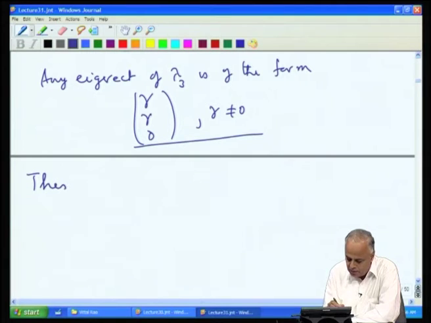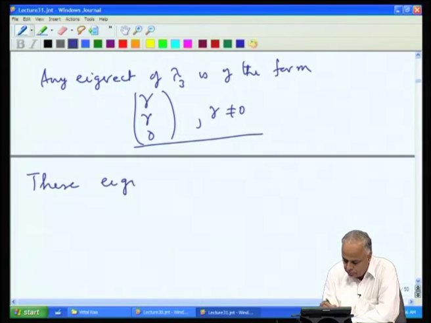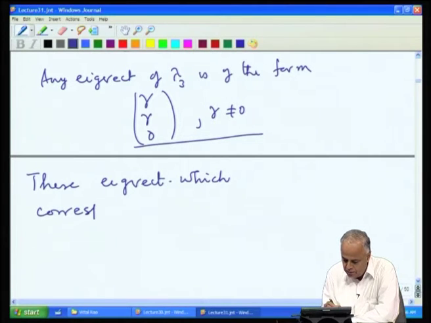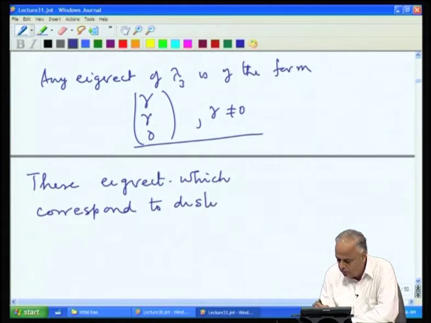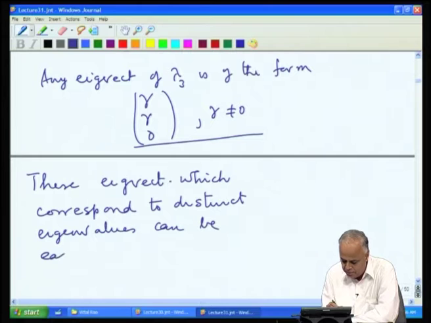These eigenvectors, which correspond to distinct eigenvalues, can be easily verified to be linearly independent.